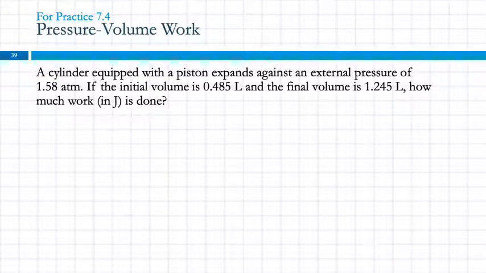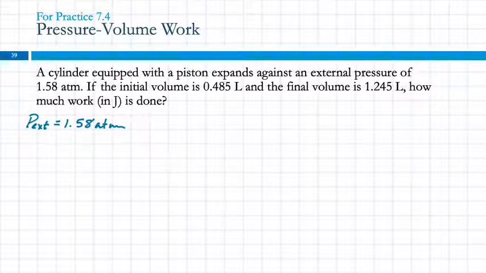A cylinder equipped with a piston expands against an external pressure of 1.58 atmospheres. If the initial volume is 0.485 liters and the final volume is 1.245 liters, how much work in joules is done? So we have 1.58 atmospheres, which it says is the external pressure.